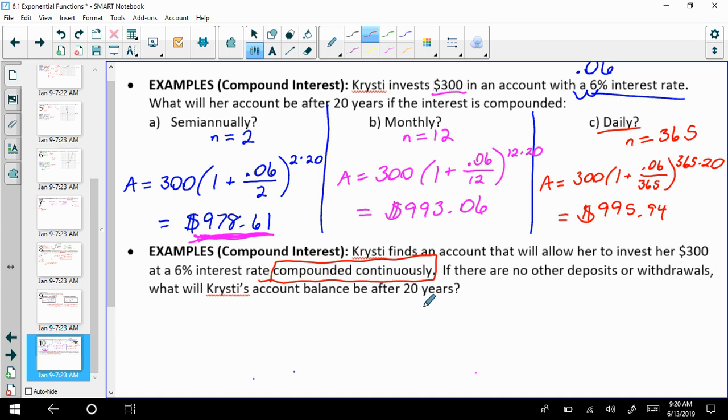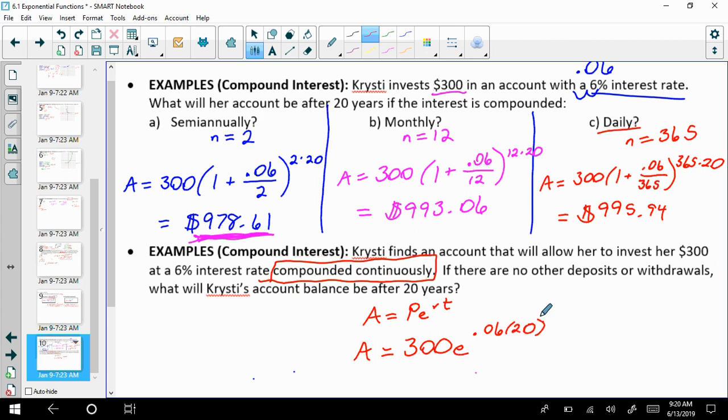So everything is staying the same, but since I'm building on it continuously, that's kind of the kicker that I'm going to use PERT, because I'm building on it continuously. So if I substitute in, I have my 300 principal, E, which is a number, it's that 2.72, R is 0.06, and my time is 20.